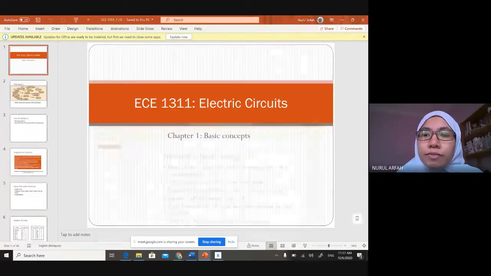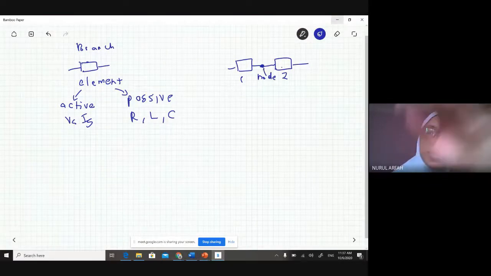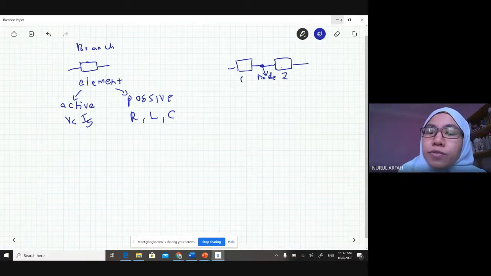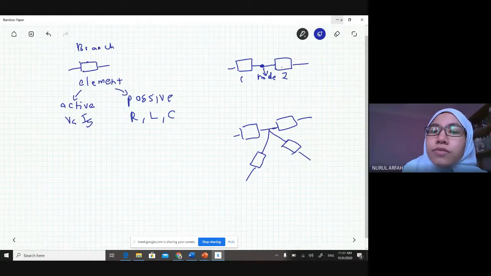So for the basic of a node, you have at least two branches connected at a single point like this. But you may have more than that. Let's say you have something like this, then another one like this, and another one like this. What is an essential node?